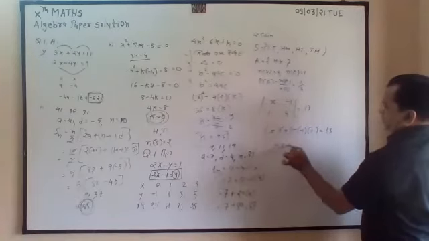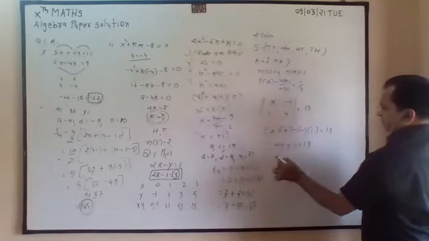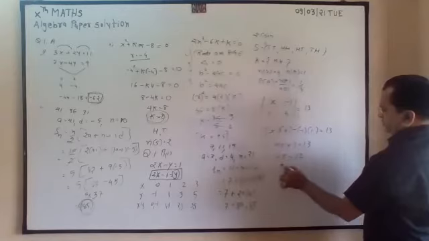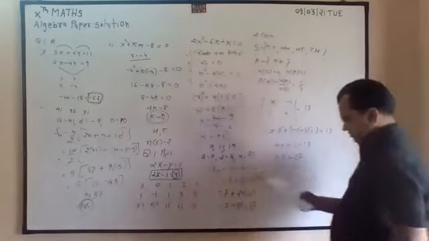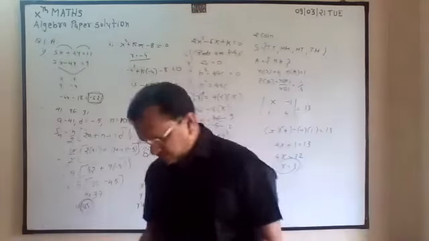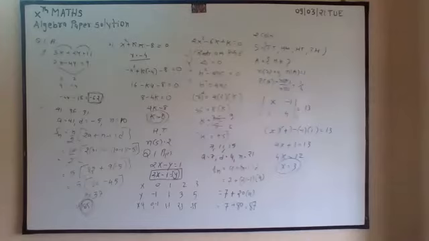So 4x minus minus plus 1 is equal to 13. 1 this side, 4x is equal to 12. x is equal to 12 divided by 4, x is equal to 3. Next.